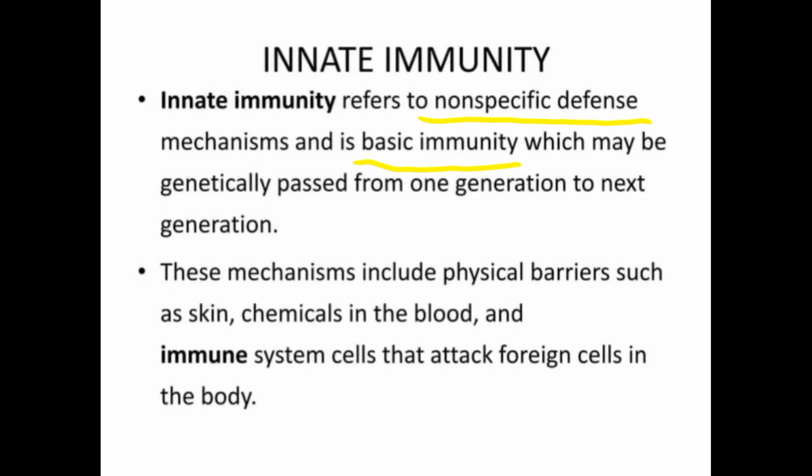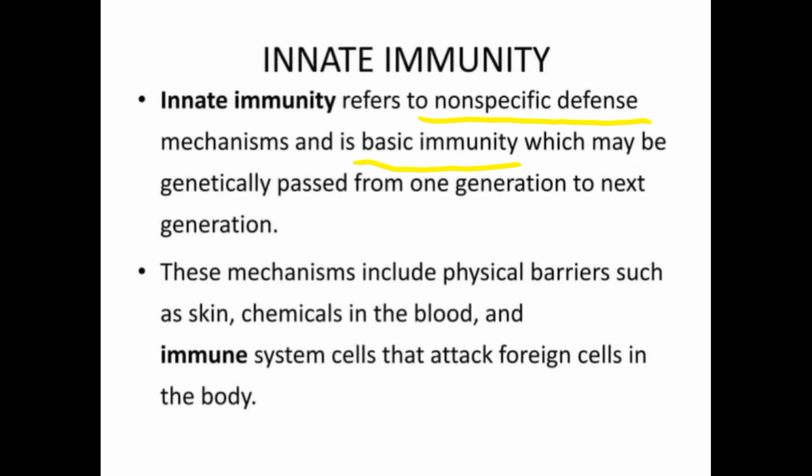You might have seen that some races, such as the black race, are resistant to some specific diseases, because they have genes which code for this specific disease. These are their inborn immunity, and these pass from one generation to another.